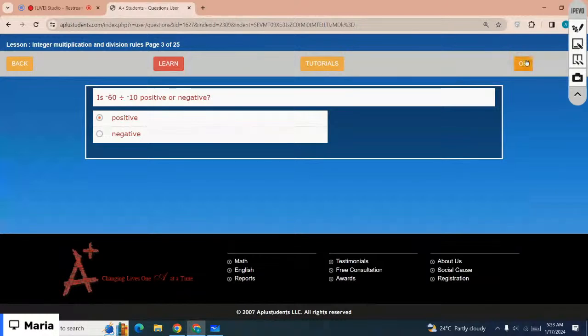Is negative 3 times negative 7 positive or negative? Again, both the numbers have a negative sign, right? That means the answer must be positive.